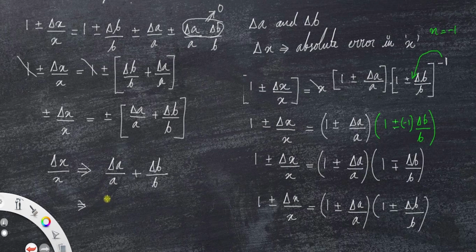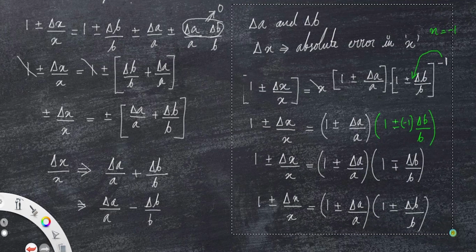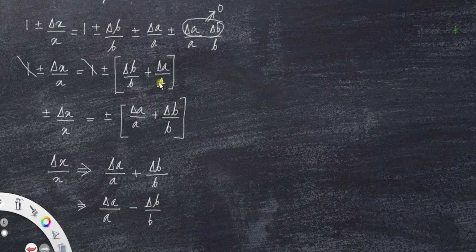So delta a by a minus delta b by b, these are the first 2 cases.